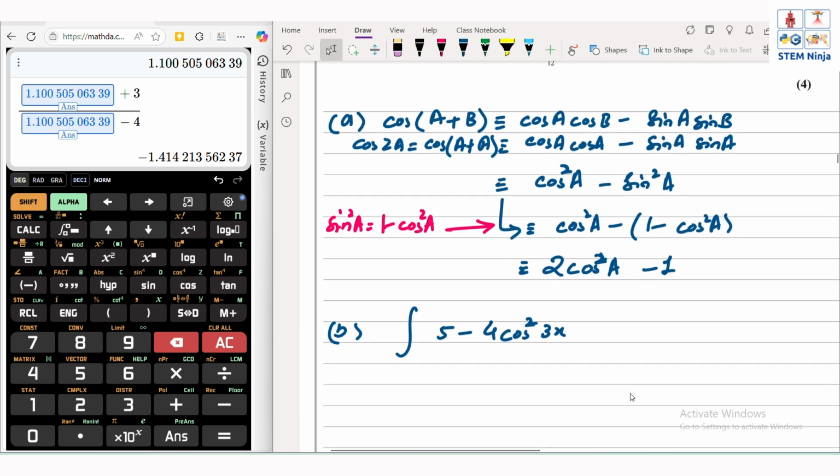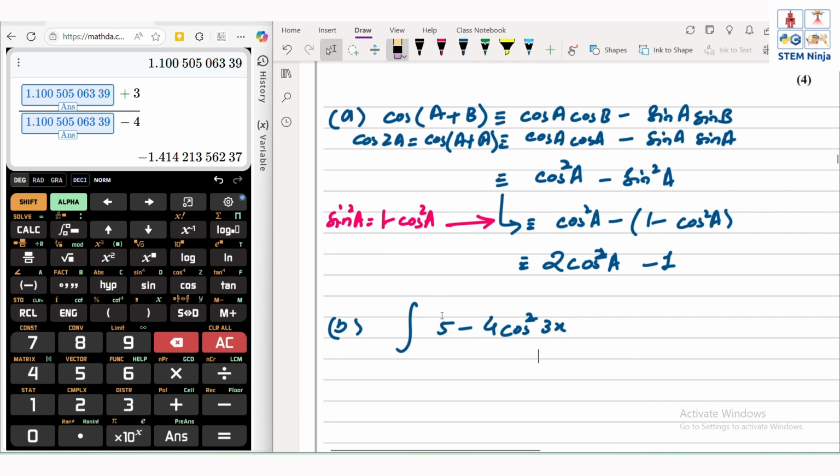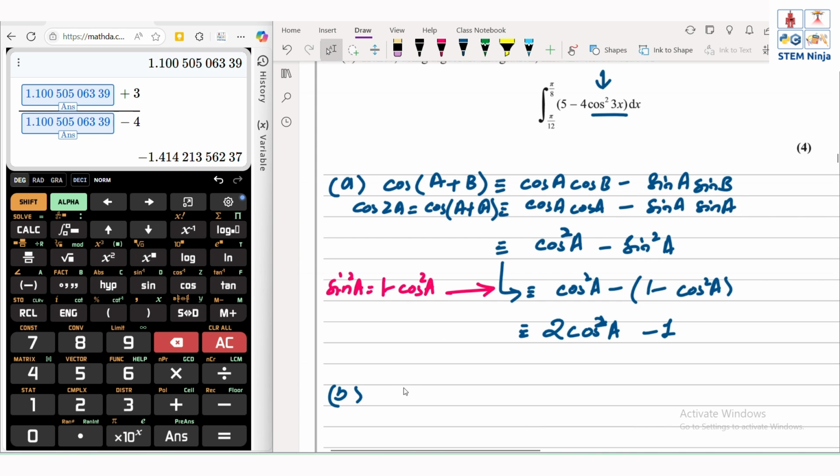First off, we need to convert the 4 cos squared 3x into its double angle form. If you rearrange this into the double angle form, you will get 1 over 2, 1 minus cos 6x plus, sorry.